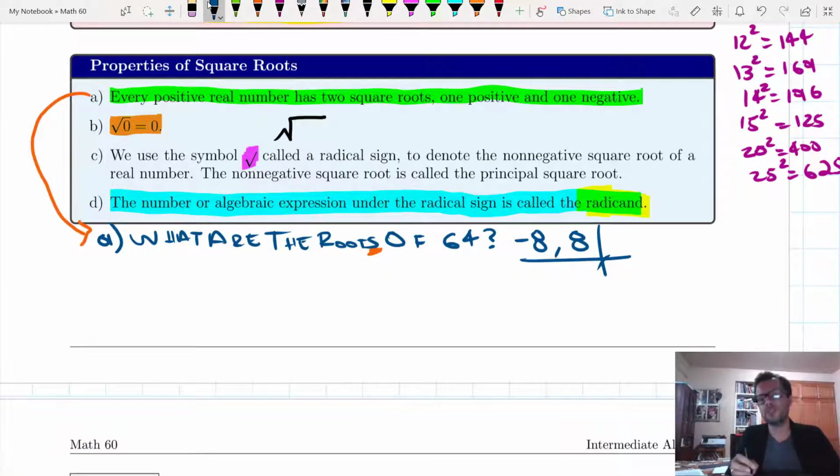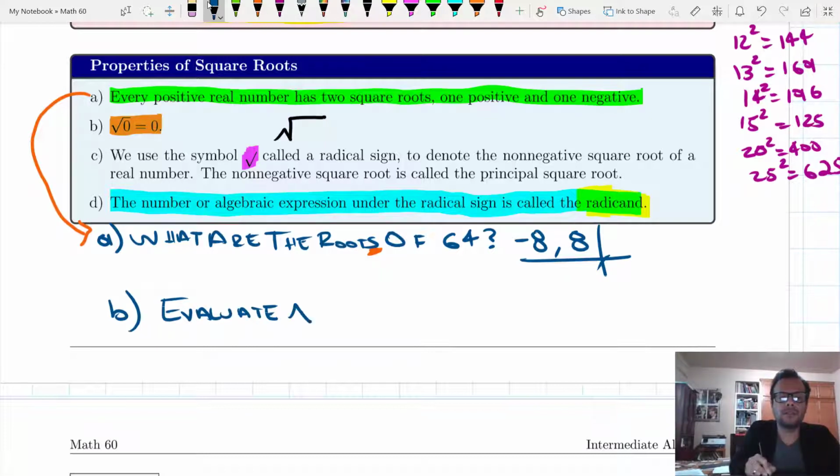So there are two answers to this question. Depending on how the question is worded, if you are explicitly asked in words, what are the roots, you give both. However, if you are given evaluate the square root of 64, in this case they are only asking you for the positive one.